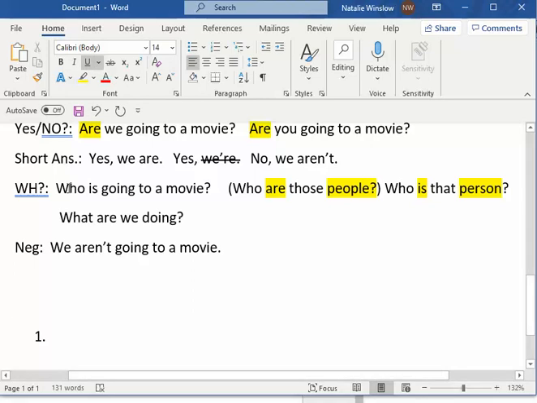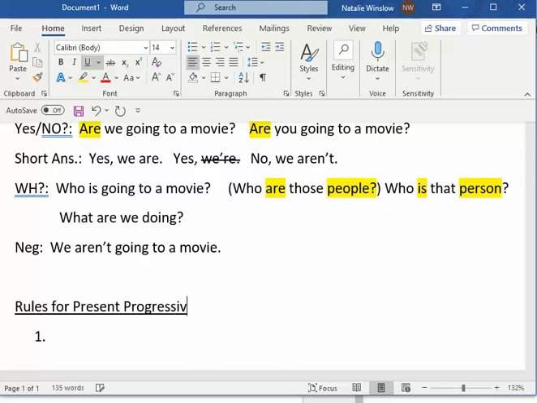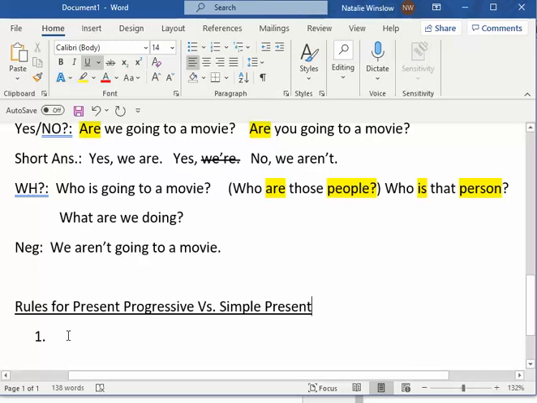It's kind of a heading: rules for present progressive versus the simple present. So how are they different? When do we use them? With the present progressive, something is happening right now.